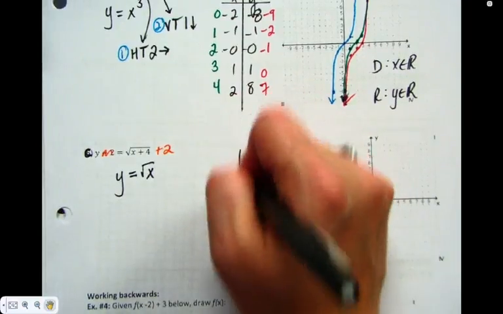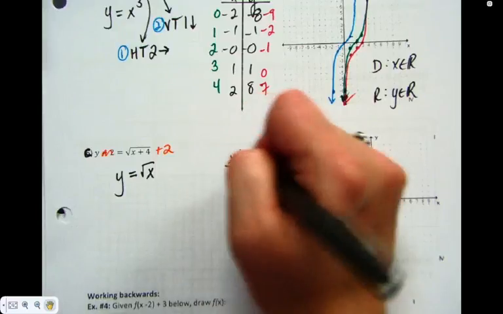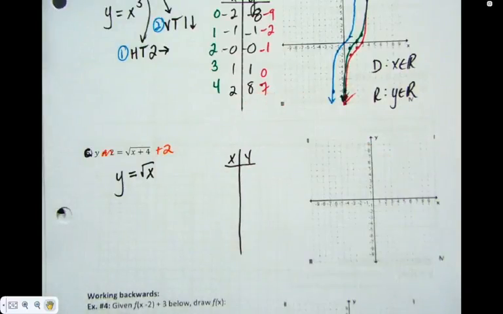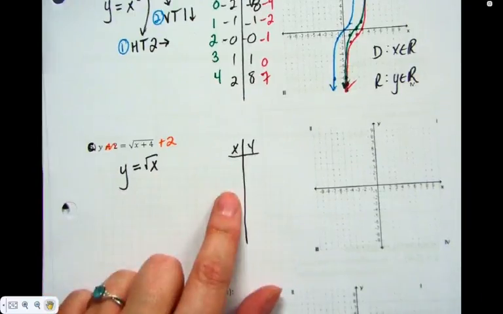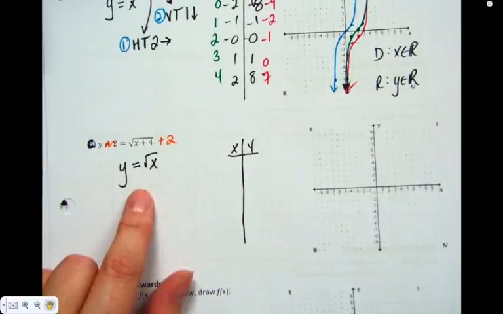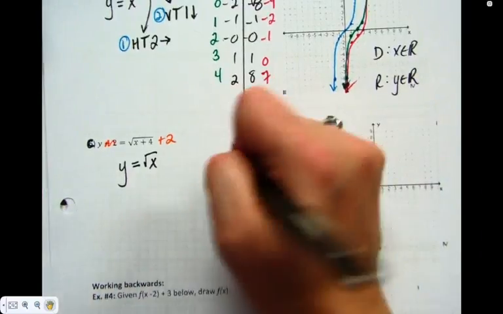If you don't remember them from grade 11, we'll do a little table of values. Now we have to be a little bit smarter in the x's we pick. I'm not going to pick -2 as my first one, because what is the square root of -2? It doesn't exist. I'm not going to use -1 because the square root of -1 doesn't exist. Can I use 0? Okay, so let's start with 0.